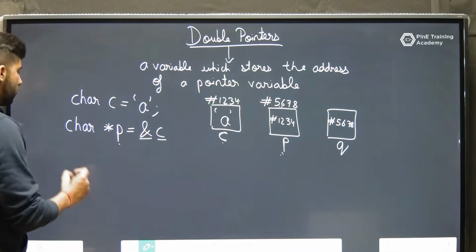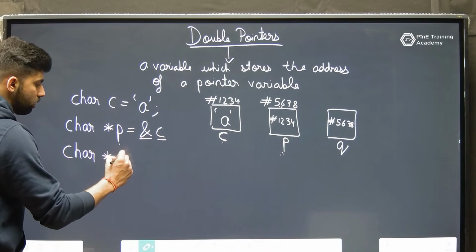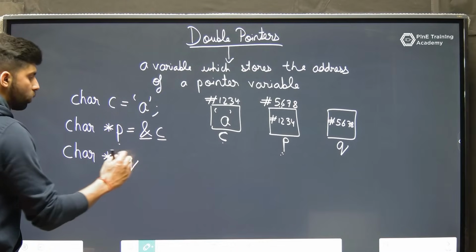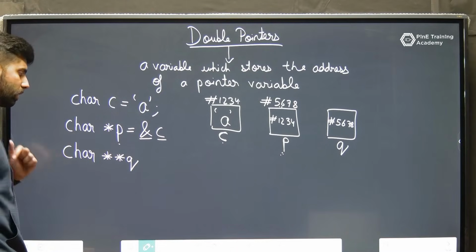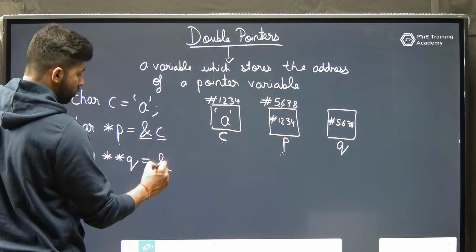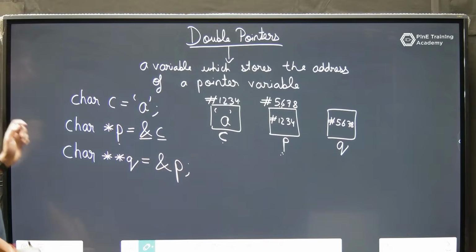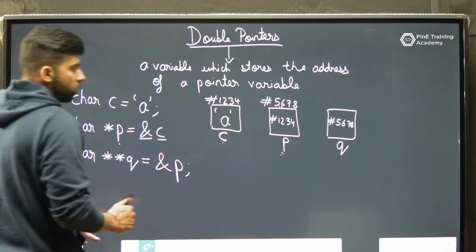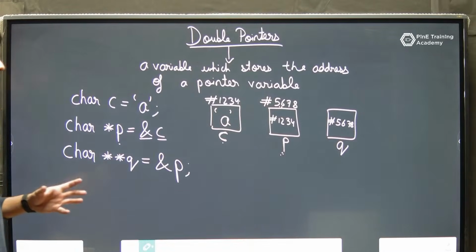How do we create a double pointer? We use two asterisk symbols indicating that it is a double pointer, and it will store the address of this pointer variable. So to store the address of a pointer variable, we declared a double pointer.